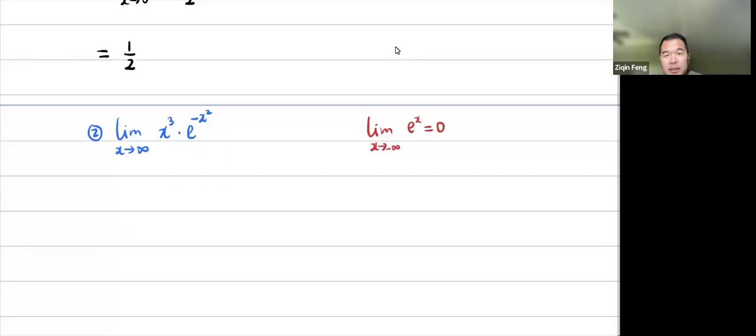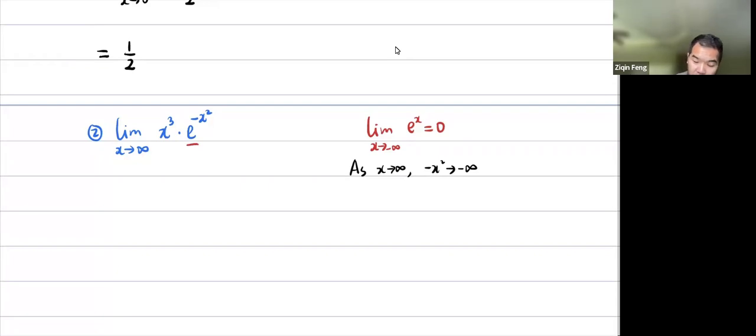That's an elementary fact about limits. As the exponent gets larger and larger negatively without lower bound, the limit is 0, right? Now as x goes to infinity, negative x squared goes to negative infinity, which means the second factor actually goes to 0.